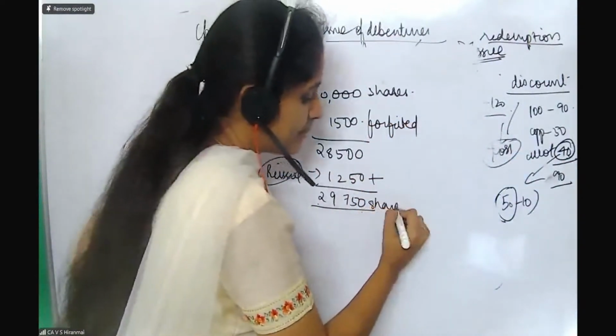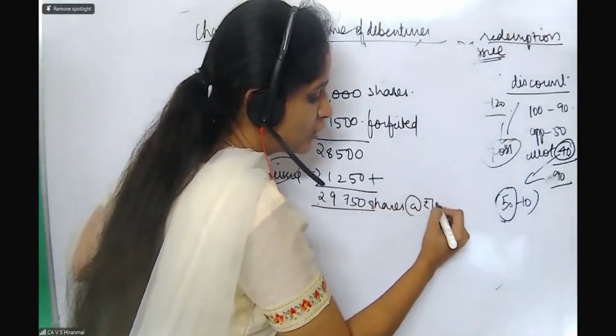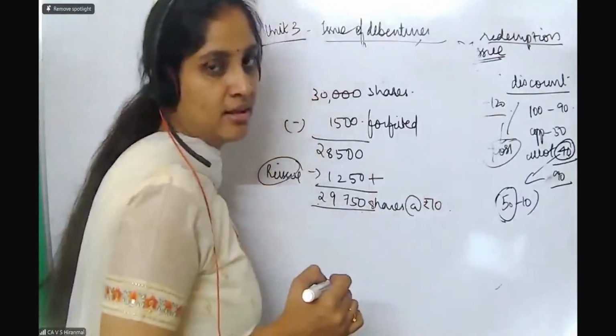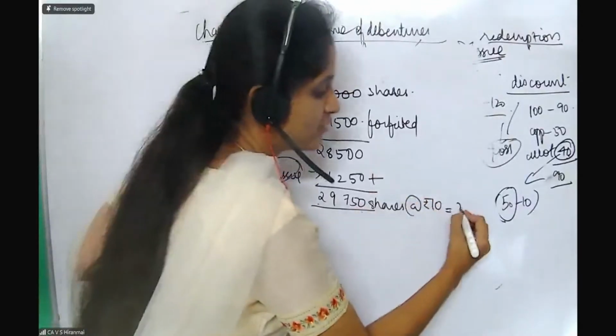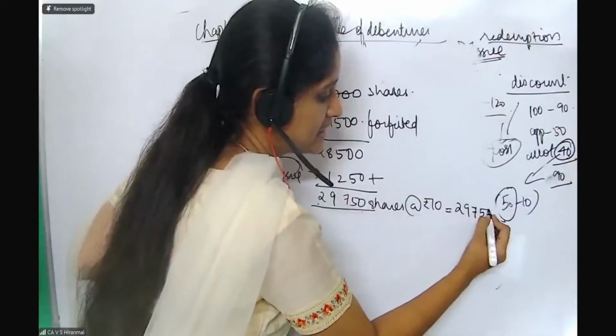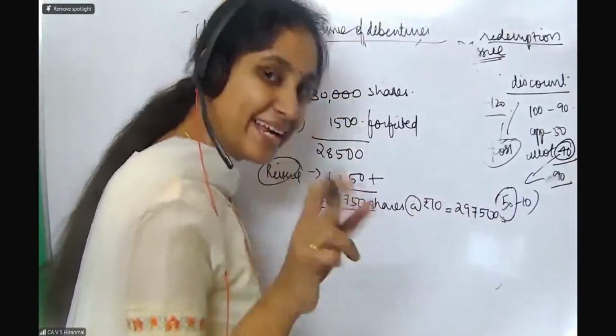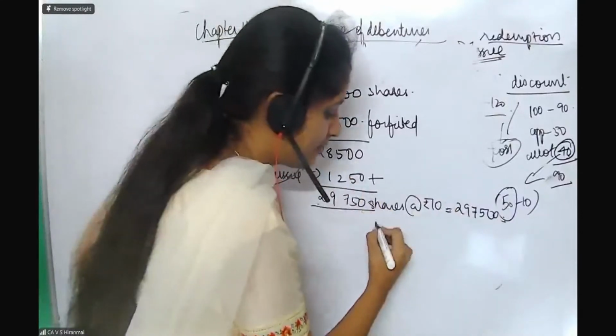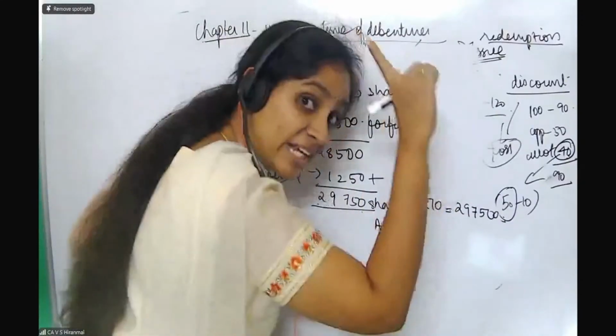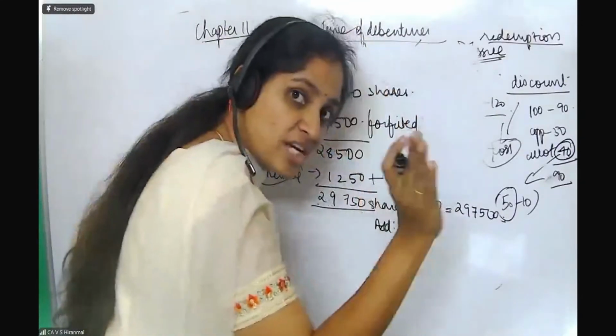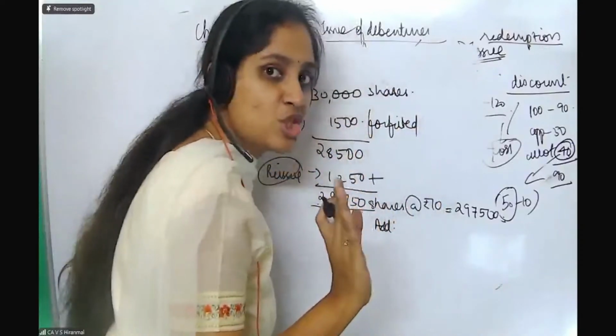These are the number of shares at the rate of rupees 10. So what will be the actual value of share capital? 2,97,500. Correct? Yes, ma'am. But my dear, there is an amount. I told you when I was working out, Shyam's shares are not totally reissued, correct?